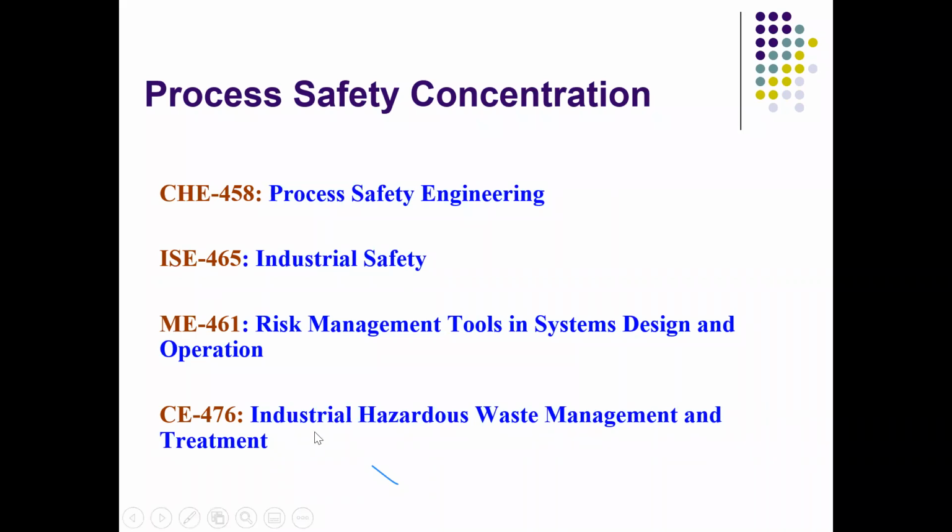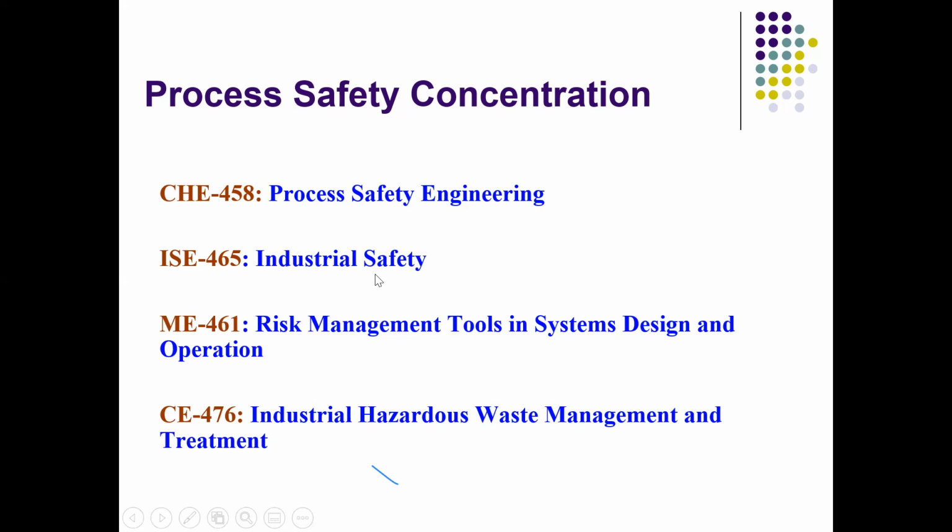If you ask me about the nature of the courses, the first course, CHE 458, has calculations, mainly based on simple principles of physics and some principles from chemical engineering. ME 461 also has calculation work, where you have to estimate the risk.